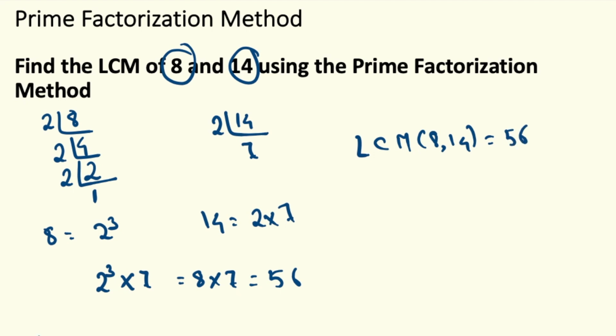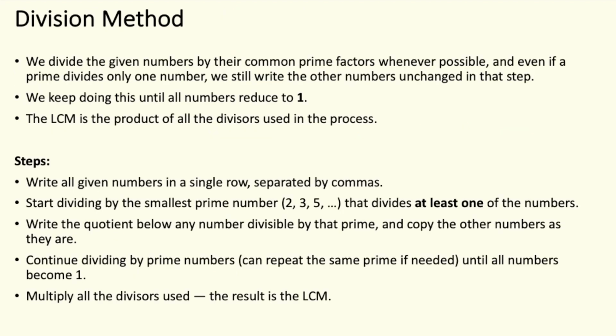So you have seen how we can use the prime factorization method to find the LCM of two numbers. Now coming to our next method, that is the division method. In this approach, instead of writing down a long list or doing prime factorization separately, we place all the numbers together in a row and keep dividing them by prime numbers step by step.